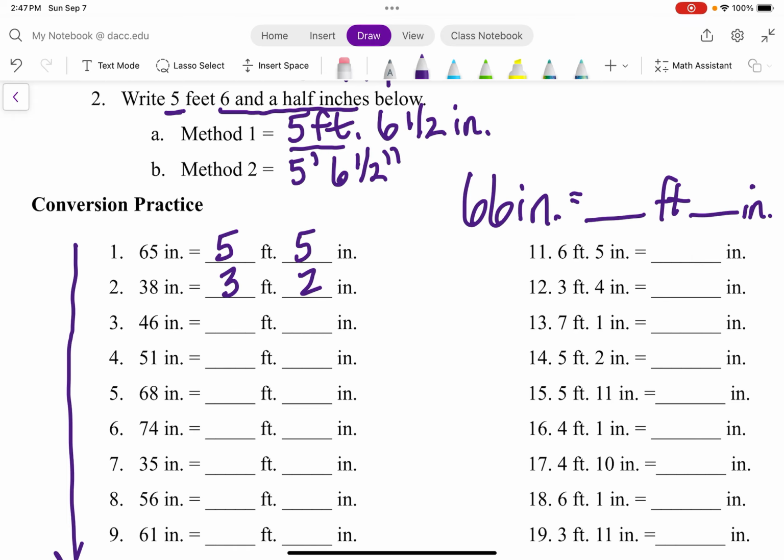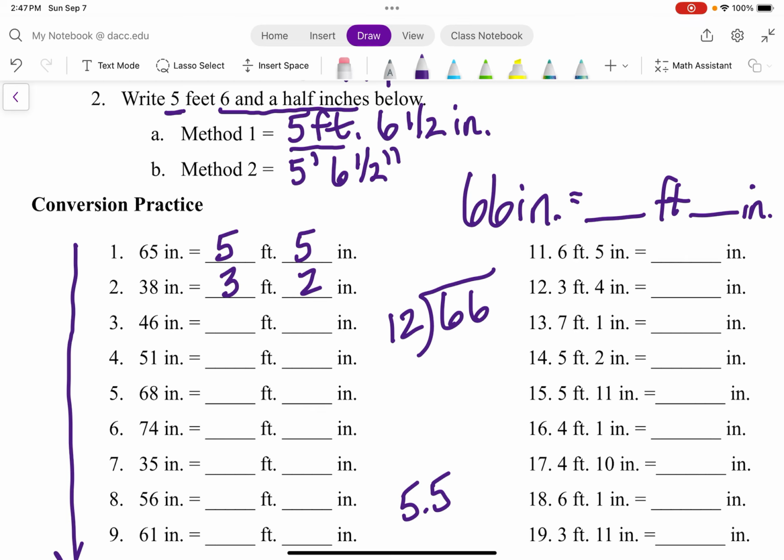If you were to take your calculator out and do 66 divided by 12, go ahead, if you have a calculator, go ahead and do that. It'll take you some time. I'm going to tell you right now that on your calculator, the answer is going to be 5.5.